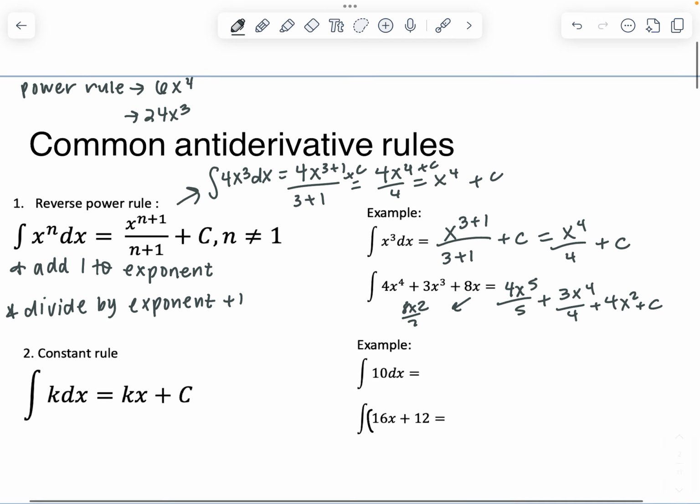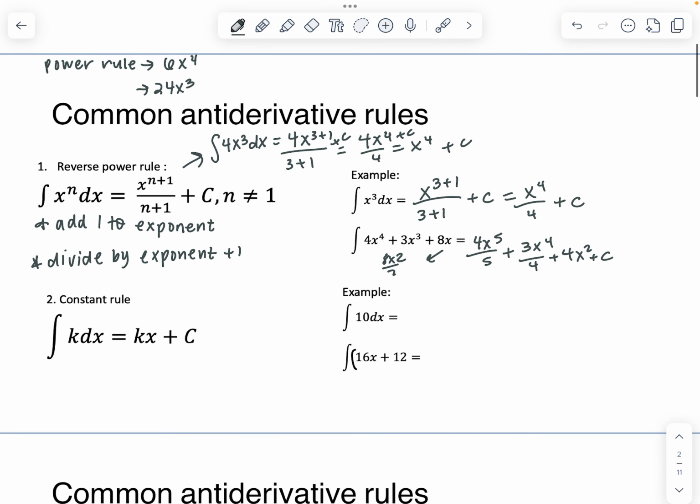So next is the constant rule. Basically, if you're trying to find the antiderivative of just a number, then you're just adding an x to that, and that's because the derivative of, for example, 10x is just 10. So the antiderivative of 10 is 10x plus c, and that's because the derivative of this would give us 10. This next one, sorry, this should have a dx here, is a combination of the reverse power rule and the constant rule.